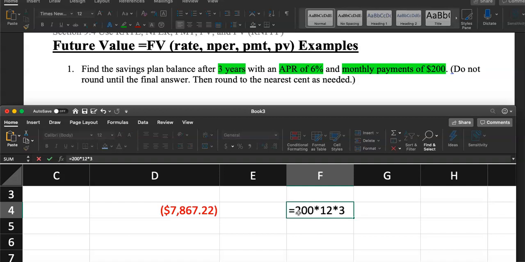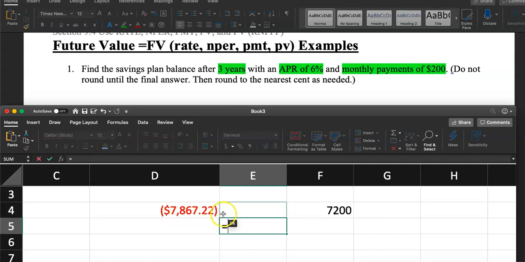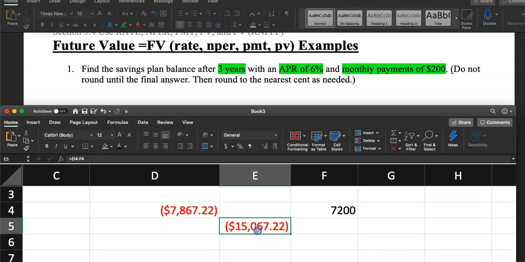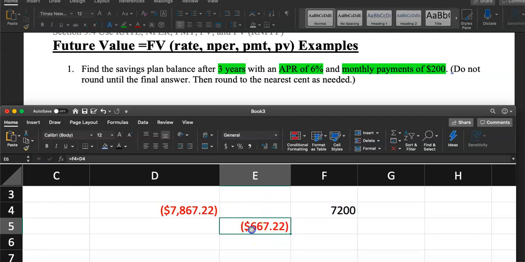And of course, that's more than simply doing 200 times 12 times 3. Because if I'm not gaining any interest, I will only get $7,200. Still good, but you see how many extra dollars we made for putting it in an account that's earning 6% APR. We got $667 more.